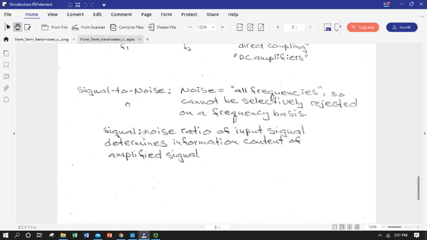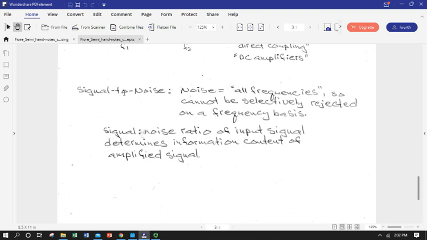So it's very important to understand the differing roles of gain and signal to noise in getting a signal out of a circuit, an instrument that we can interpret, that gives us the information we need. So gain is basically, you can think of it as a brute force multiplication factor.